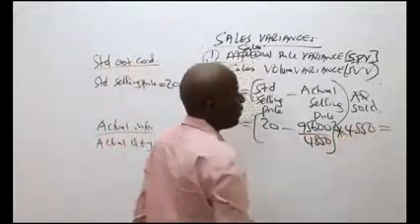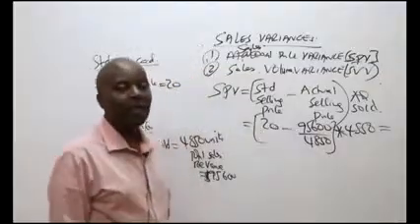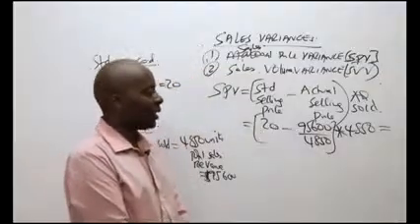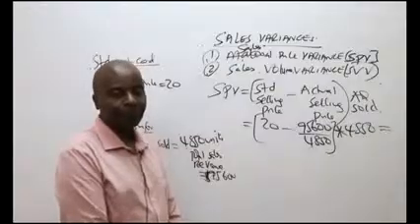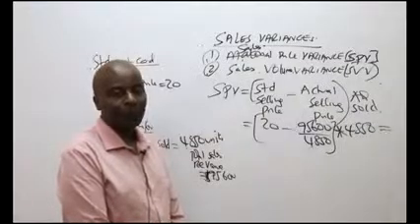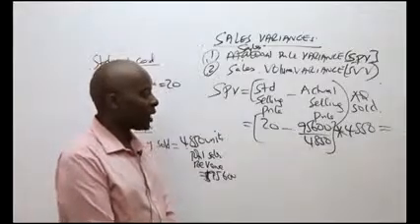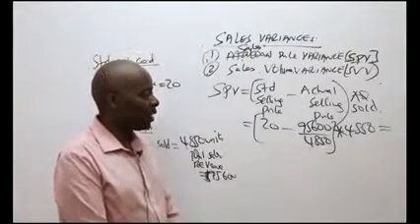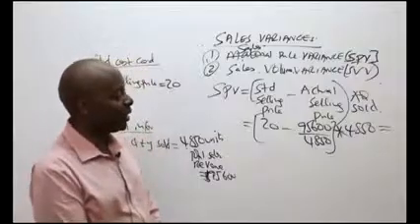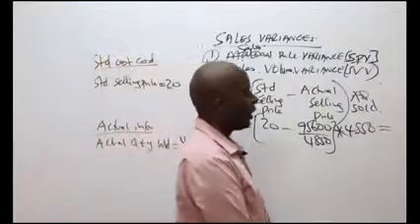So will you kindly give me an answer here? We have 20 minus 95,600 divided by 4850, times 4850. What figures do we have? Somebody here?